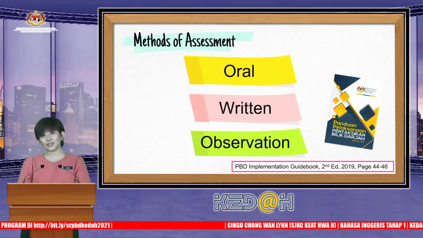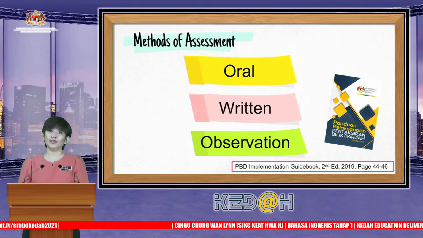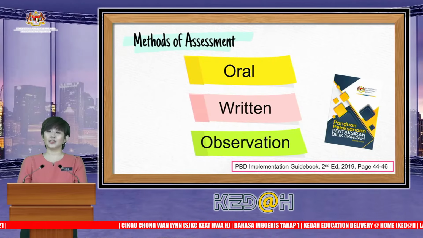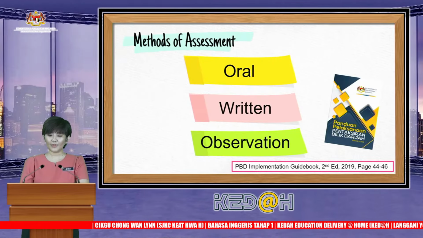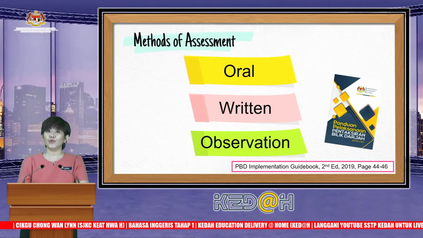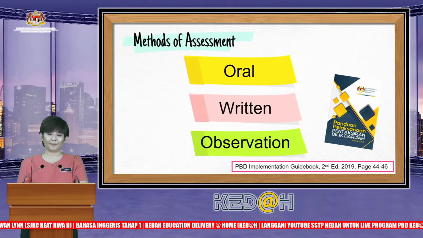We could assess pupils orally when they interact with the teacher, when they interact with their peers, or even when they interact with the stimulus given. Some examples of oral assessment are a question and answer session, reading aloud session, storytelling, and also singing.